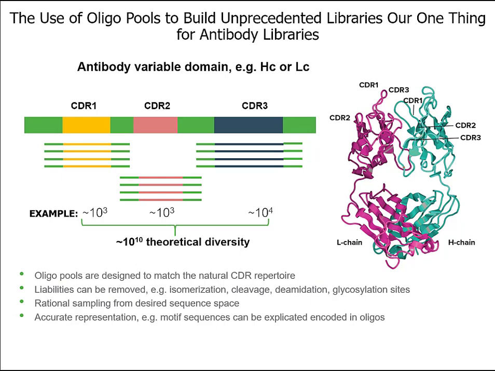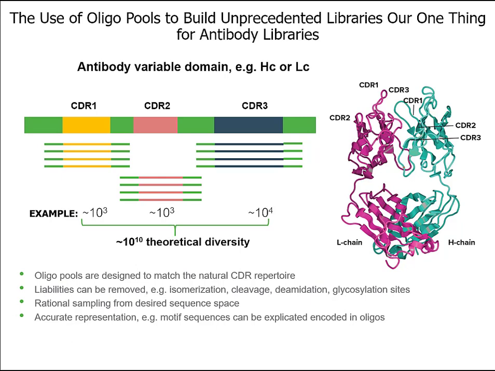So again, the reason why this is unprecedented compared to how others have done this in the past is that in the past people have used degenerate oligos, which are again either mixtures of nucleotides or trinucleotides to encode for diversity in these loops, which can oftentimes lead to mistakes or unnatural sequences that may not be in the natural human repertoire. Here, because I'm actually synthesizing each sequence explicitly, I can make sure that those sequences exactly match what's seen in nature.